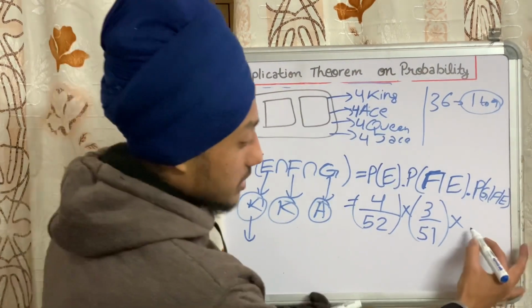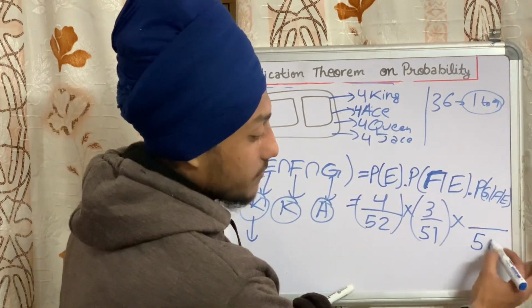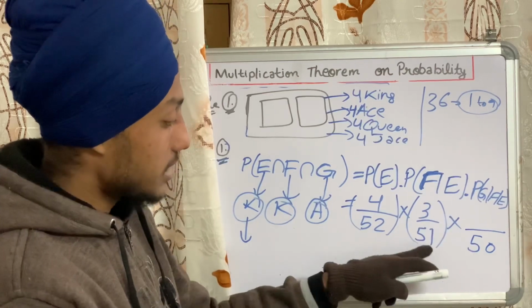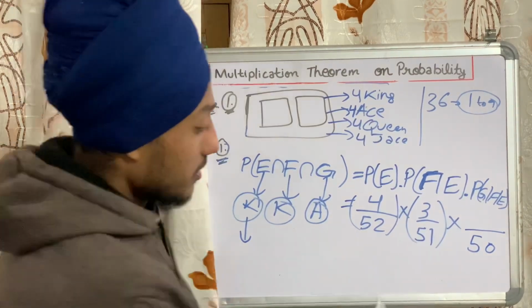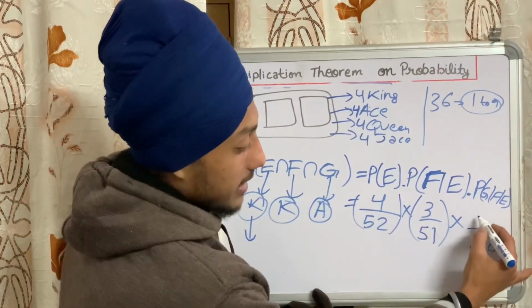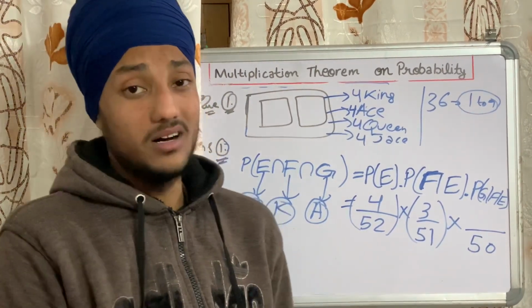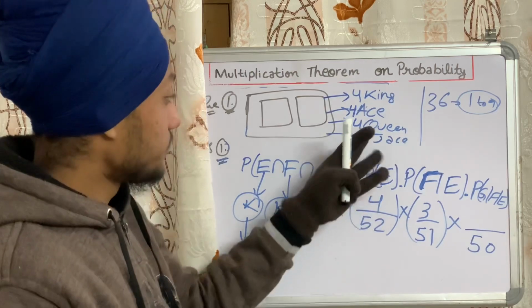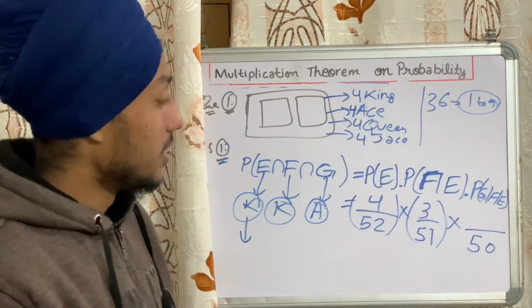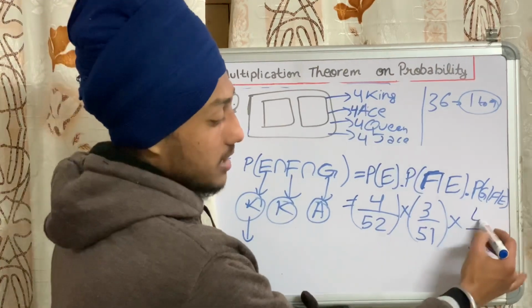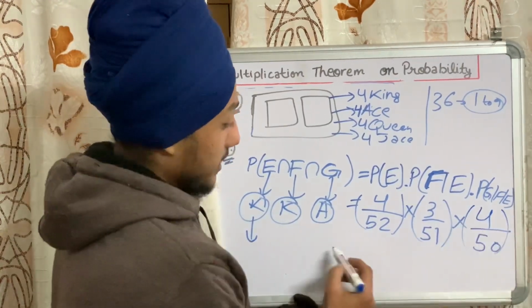So let's suppose now we have remaining 50 cards, because one king was taken out, and in the second step we take another king. Both kings are taken out. Now we know that no ace has been taken out, so we have remaining the four different aces.